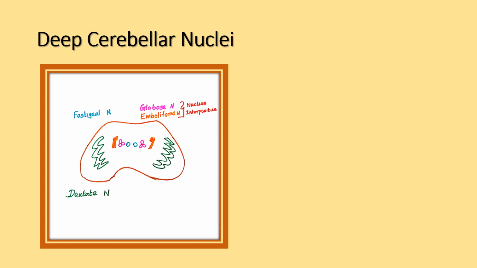The cerebellum contains four deep cerebellar nuclei. The dentate nucleus is located in the cerebrocerebellum, and the fastigial nucleus, the blue color, is located in the vermis region.